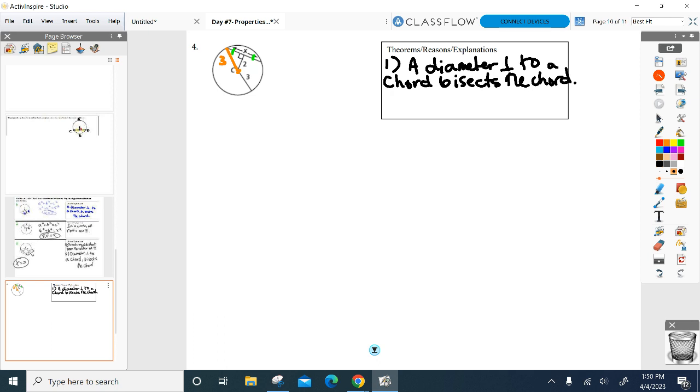No, it's going to get me half of X, because I know that's being bisected. 2 squared plus B squared equals 3 squared. And again, B is only half the chord. Nice job. So just make sure you double that leg value.